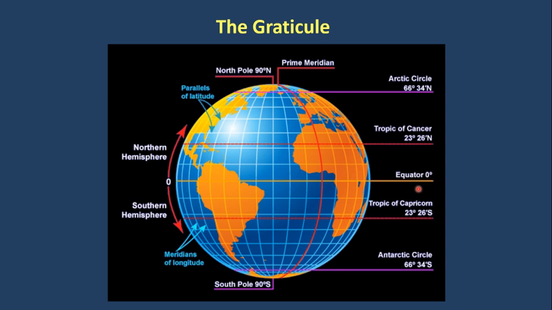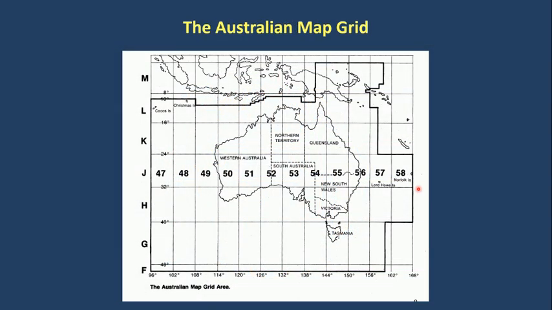But we saw how we could give coordinates of a place in values of latitude and longitude. In a previous video, we also dealt with the Australian map grid and how we could use that also as a navigation tool and a way of defining the coordinates for a certain location on the Earth's surface.